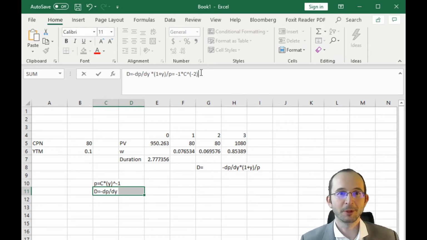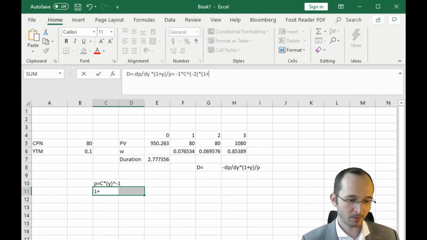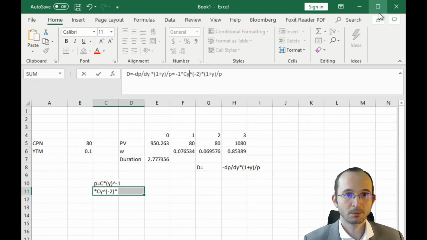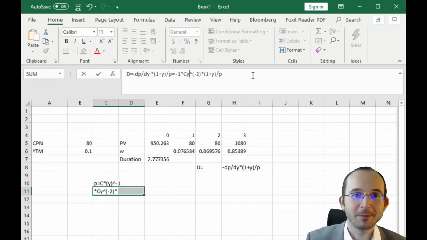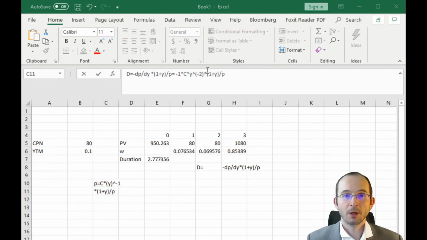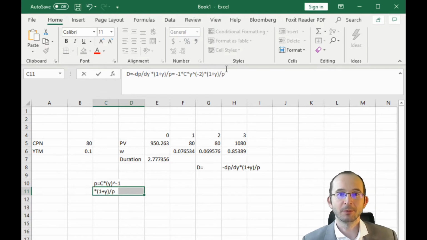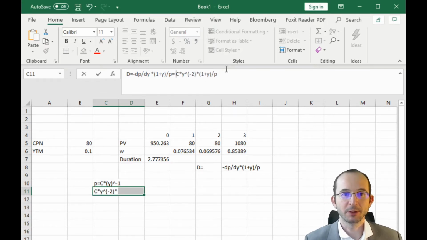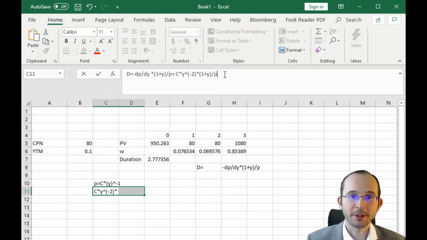Just according to the formula. What is the right-hand side going to be? Looks like I forgot the y there. Oh, and since we were actually multiplying by negative (1 plus y) over P, I guess this negative 1 will cancel with this negative 1 on the right-hand side.